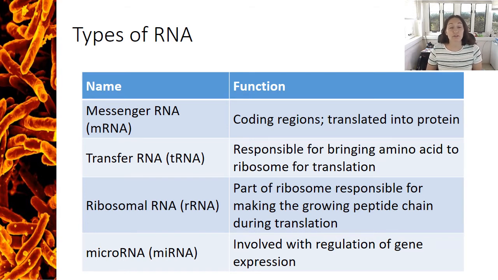Transfer RNAs function in translation, but they're responsible for bringing the amino acids to the ribosome so that those amino acids can be put together and built into a protein chain. The ribosomal RNA is actually physically part of the ribosome itself, and it's the ribosomal RNA that's going to take those individual amino acids and attach them together with covalent bonds to make the growing peptide.